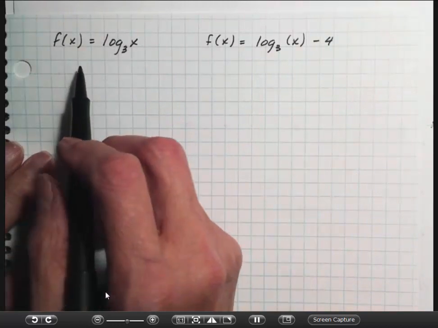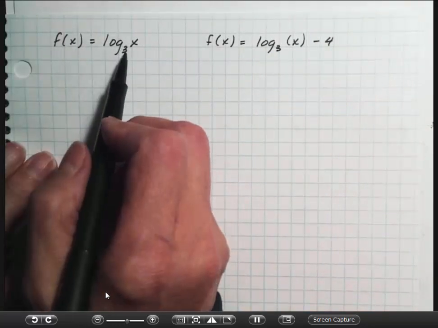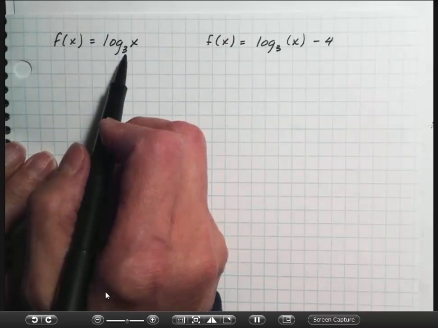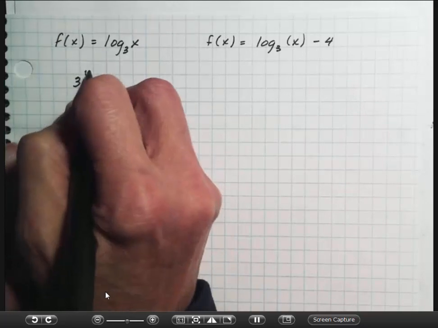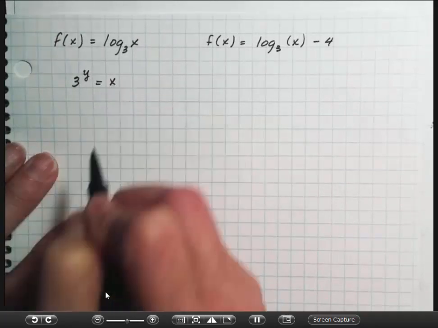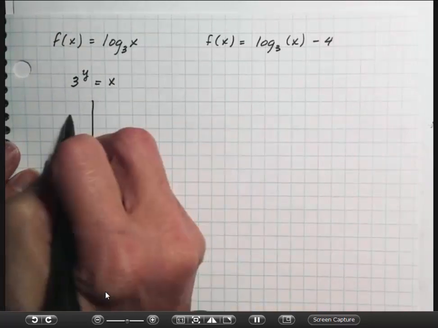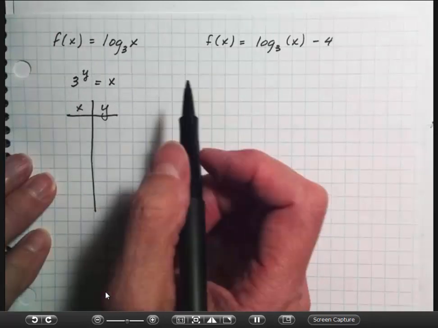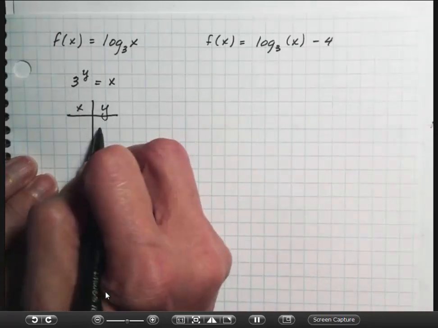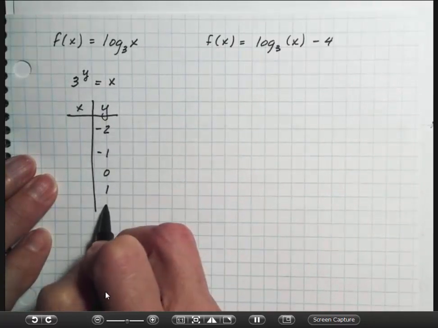So to graph the first one, I'm going to first rewrite it in exponential notation. So the base on my exponent is going to be the same as the base on my log, which is 3. It's going to be raised to the y power, and that's going to be equal to x. I'm going to go ahead and plot points for x and y of my exponential function, and I'm going to pick values for y: -2, -1, 0, 1, and 2.